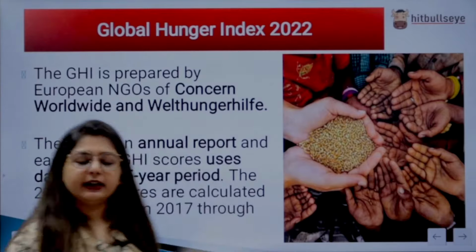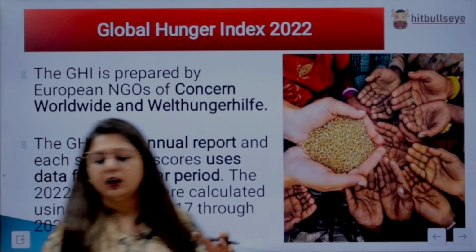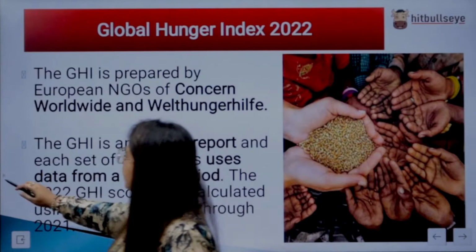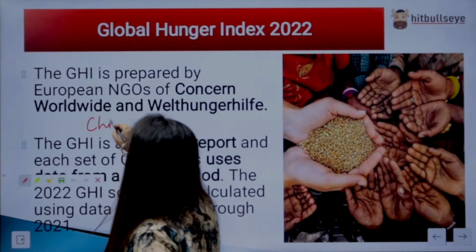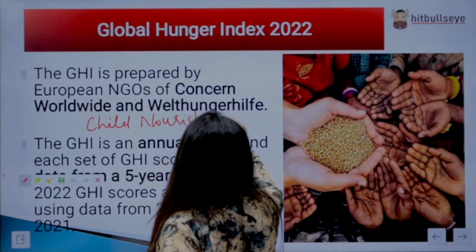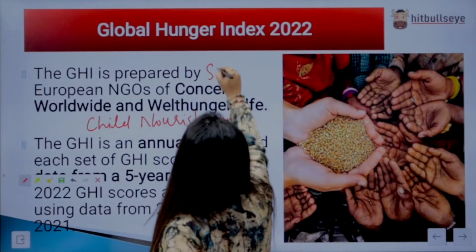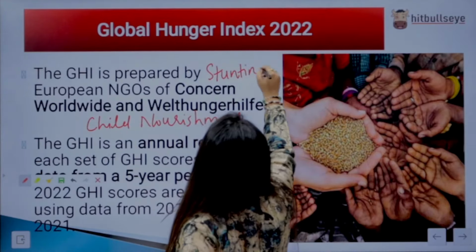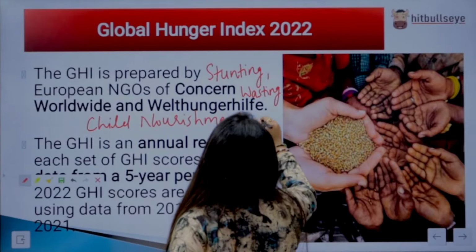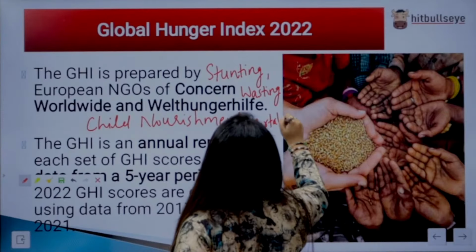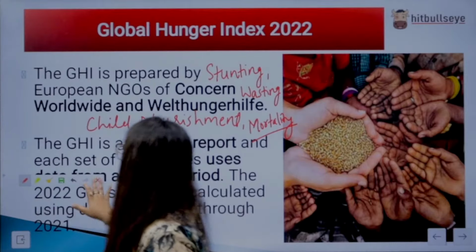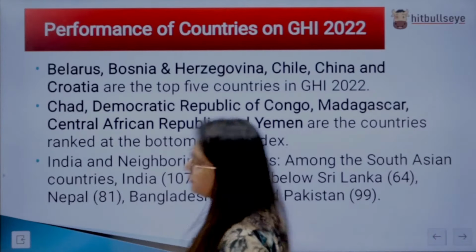In the Global Hunger Index, one thing is very important: GHI scores are based on 4 important components, and they are child nourishment, then child stunting, child wasting and child mortality. So these are the 4 important indicators from which the GHI scores are calculated, right?